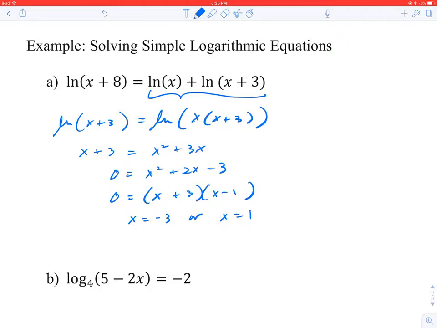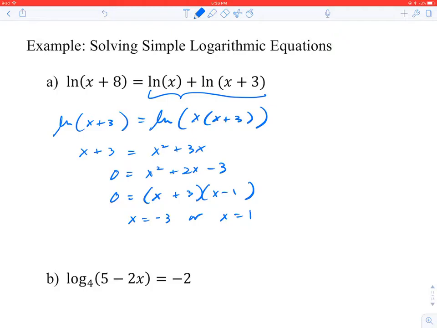Okay, and we need to check, because notice that we're dropping the logarithm, so when we use the one-to-one property, or if we rewrite in the logarithm's equivalent exponential form, we have to always check for extraneous solutions. The domain for logarithm is from 0 to infinity, so we cannot evaluate logarithms at 0 or any negative values.